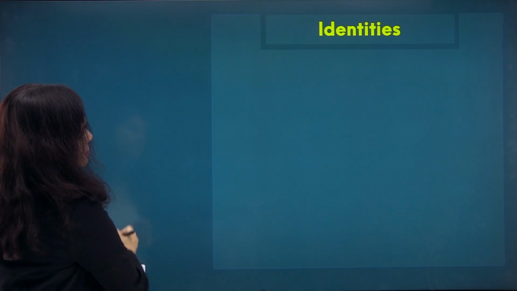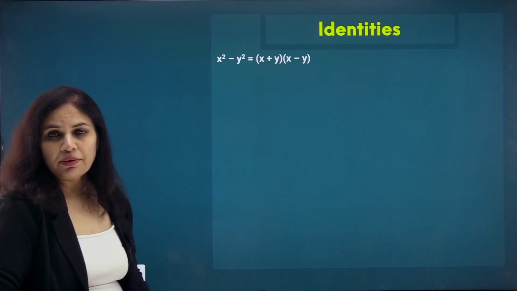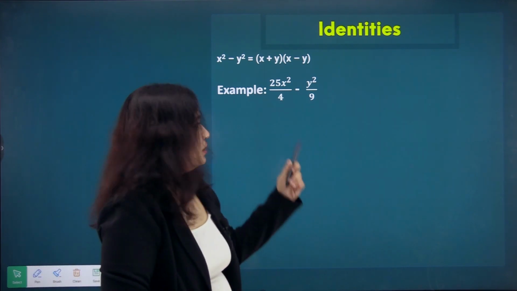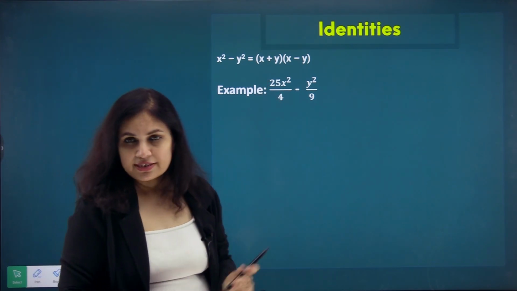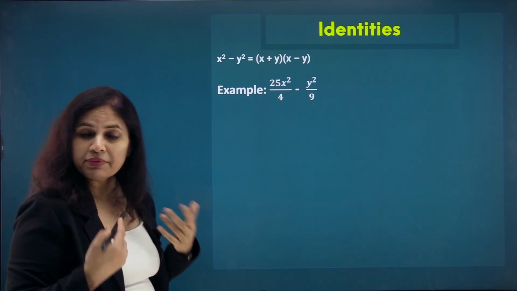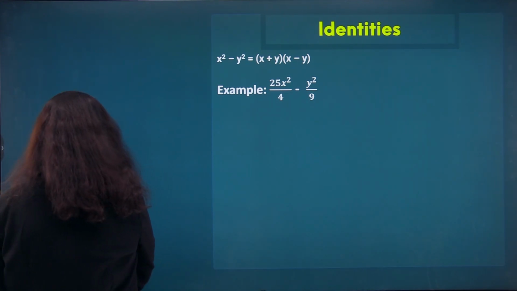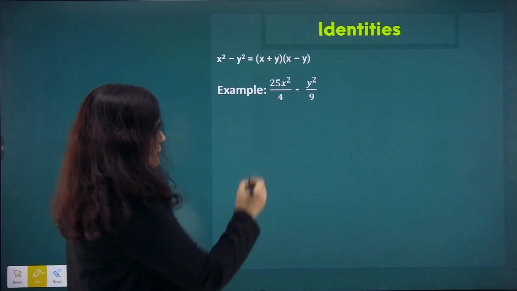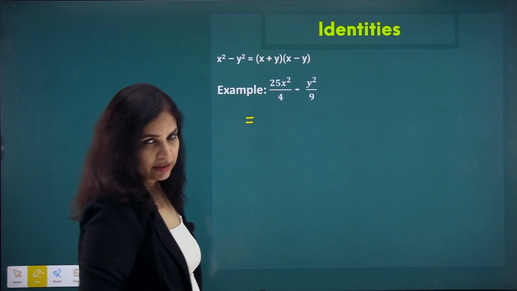Coming to the next, x² − y², how can it be used in factorizing? The given example: 25x²/4 − y²/9. The rule remains the same. The first thing that we have to do is to write it in the form of whole squares.